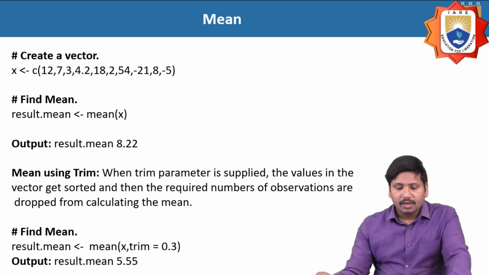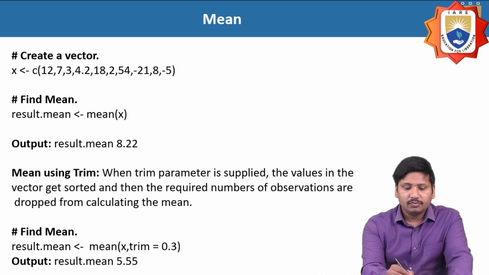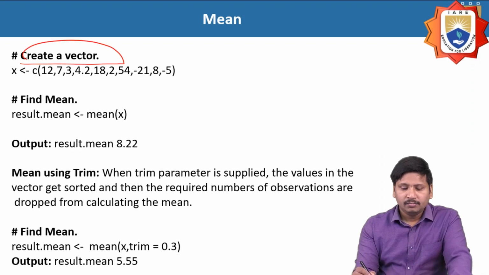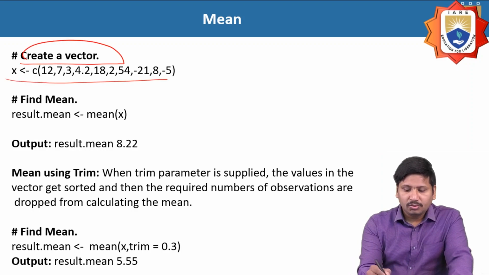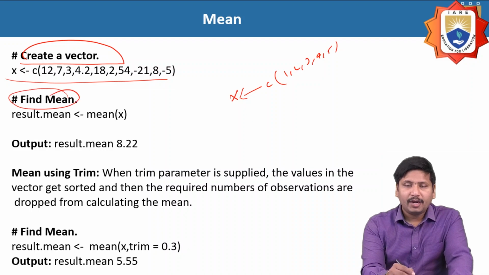So let's see an example of how to calculate the mean in R programming. First we have to create a vector. So x is the value. I'm going to create a vector of values like this: 1, 2, 3, 4, 5, and this is the vector of values for this example. Next, I'm going to calculate the mean.